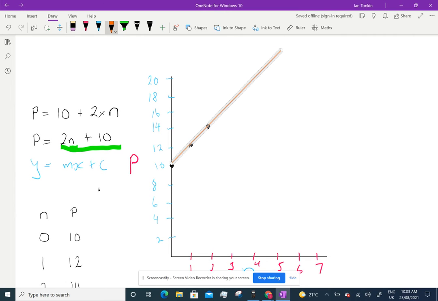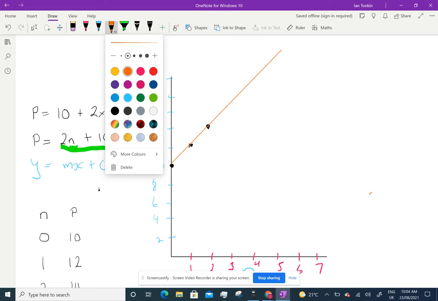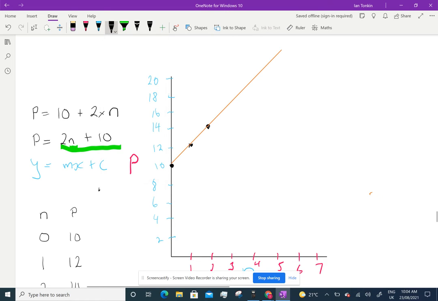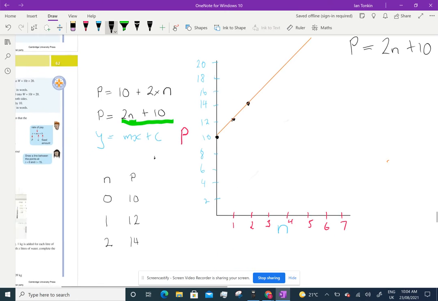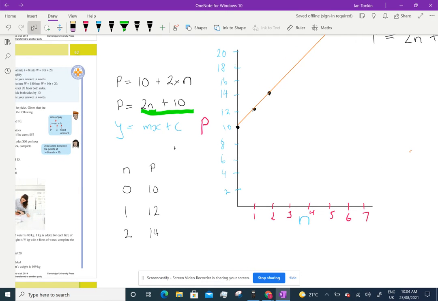And if I've done it accurately, that's the graph of P equals 2n plus 10, and it's a linear equation of how much money this boy is going to get paid. All right?